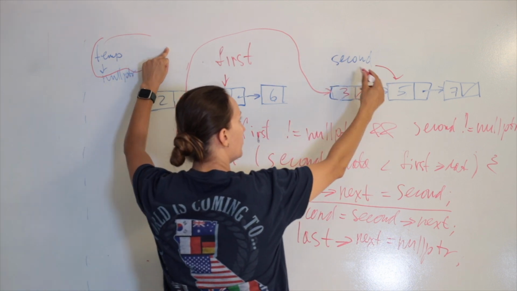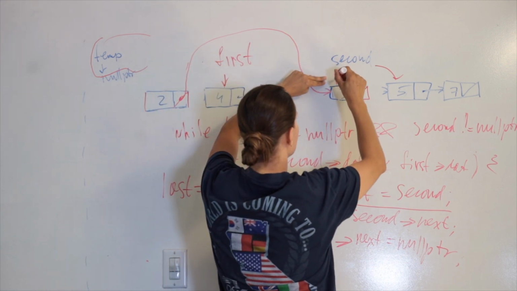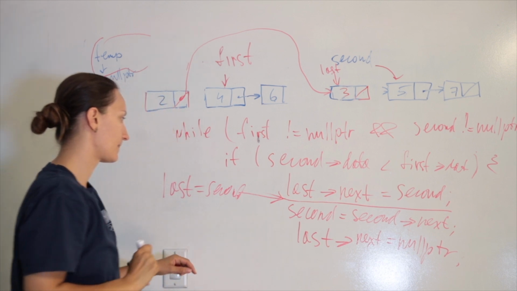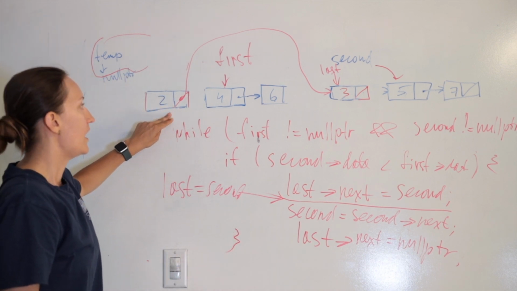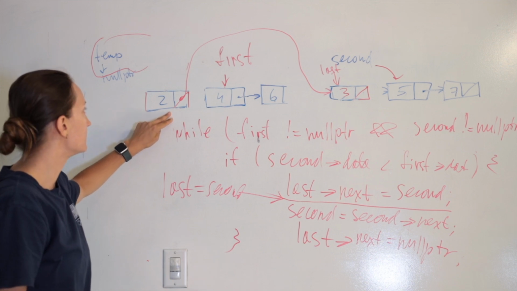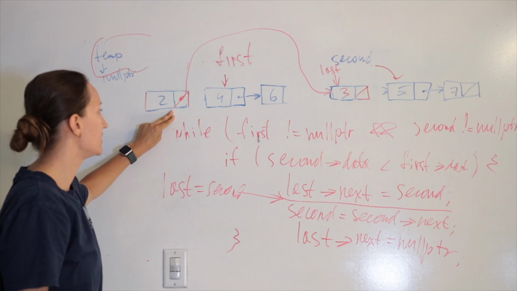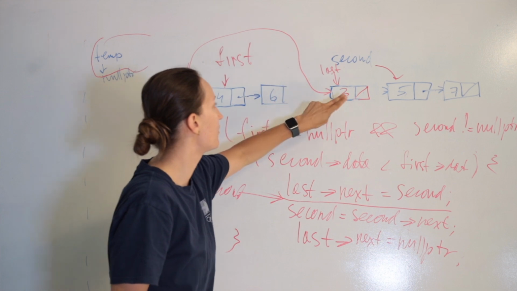Because before we move our second head, we have to move our last pointer here. So now we relinked, we have our two nodes already in our new list. It's the same list, we just relink our pointers. 2 points to 3.